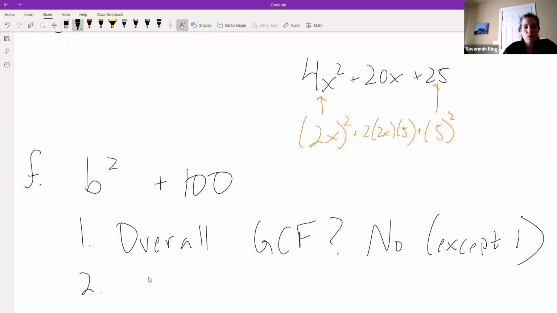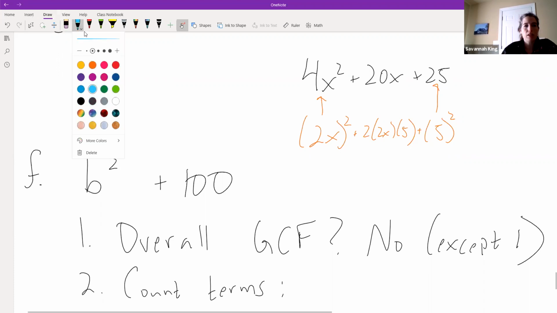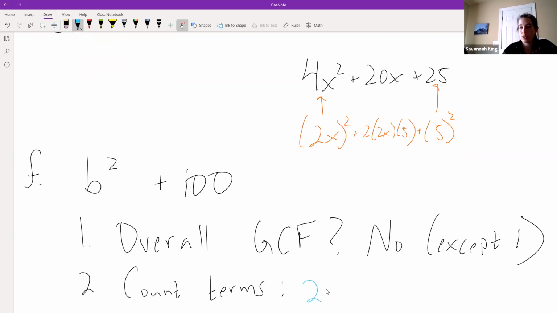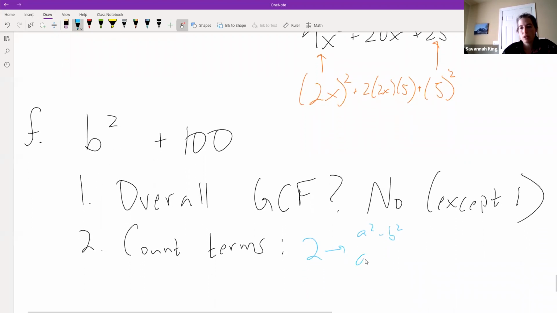And then 2, count those terms. And we see 2 terms, and that automatically tells us if this is going to factor, it's going to be a memorized formula. And the possibilities for the memorized formulas, there's a squared minus b squared, a squared plus b squared, and then the cubes.